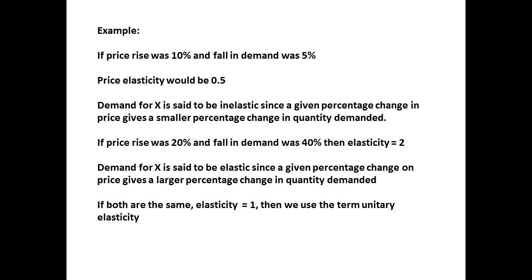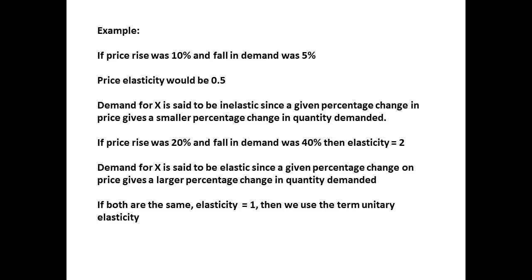From the formula we have 5 divided by 10, which gives us a price elasticity of demand of 0.5. Since the result is less than 1, we say that the demand for X is inelastic. This means that a change in price gives a smaller percentage change in demand.